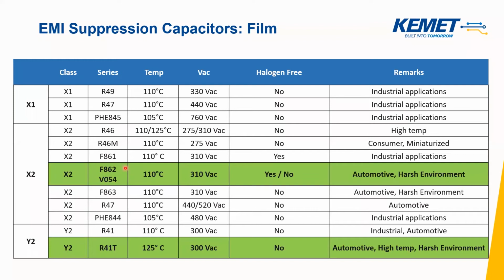What you would find missing here is maybe a Y1 capacitor, because I've listed here only X1, X2, and Y2 capacitors. Well, this is because here at KEMET, we presently only offer a Y1 capacitor with the impregnated paper technology, which is very different from polypropylene in many ways. And because it's different, it also means that it is a bit more expensive than the polypropylene based capacitors.